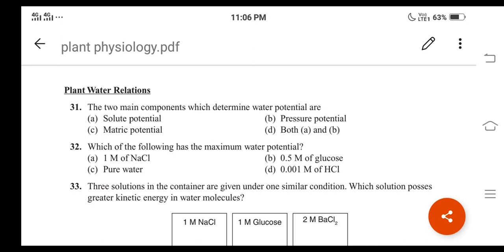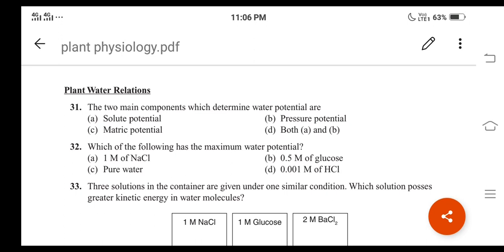We have studied in the concept that the water potential of a cell is affected by both the solute and the pressure potential. For this we mention the relationship between the pressure potential and the solute potential.